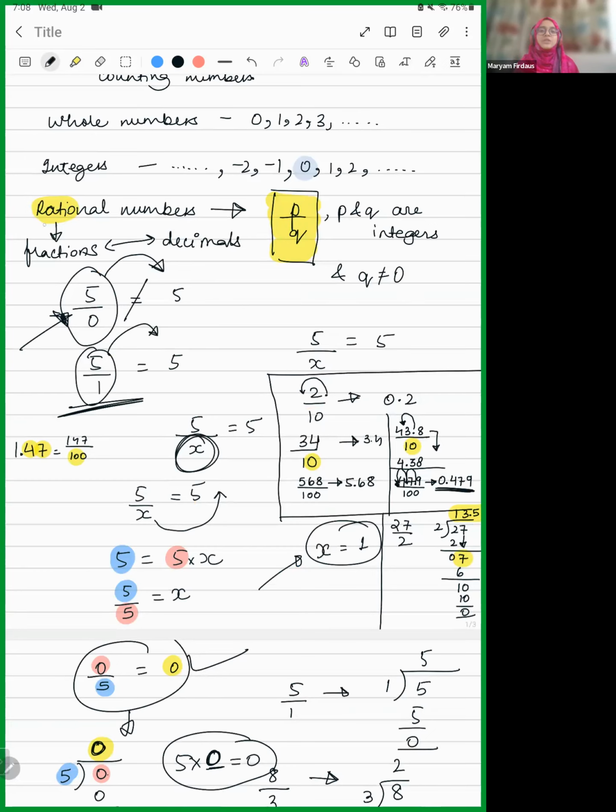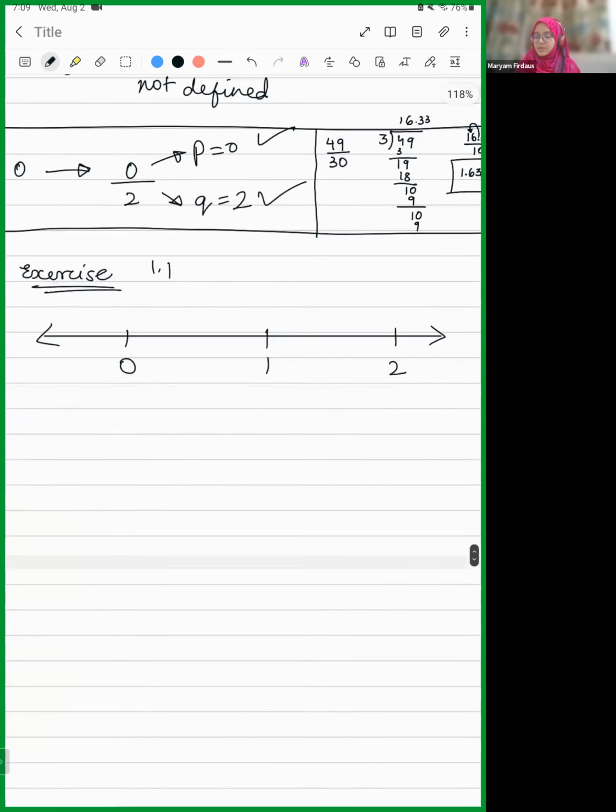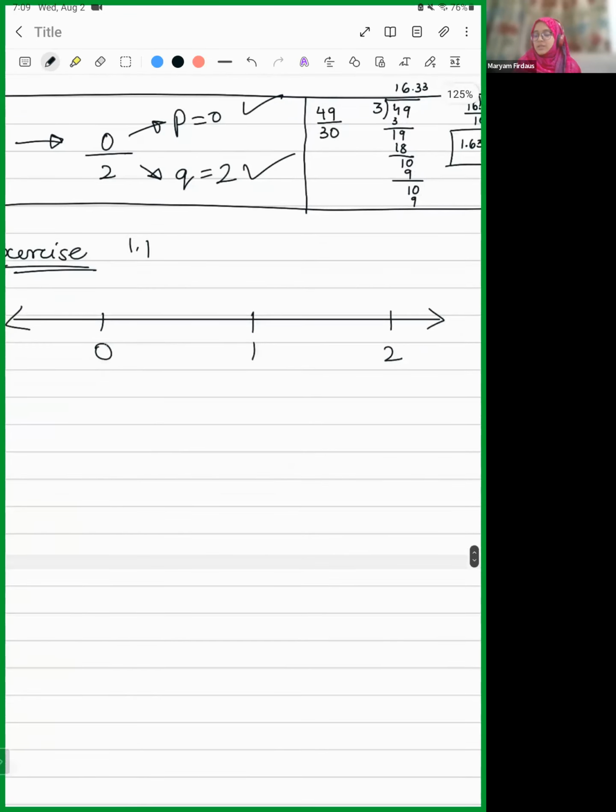These are called rational numbers. Okay. Now, let's come to this. 0 and 1. Are there any numbers between 0 and 1? Yes.